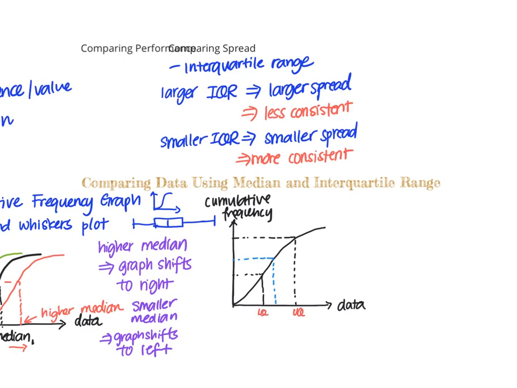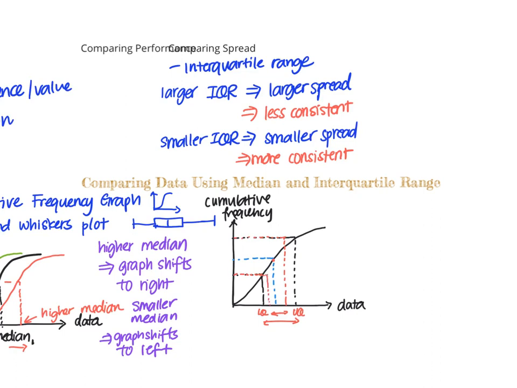So now if I were to have a curve with the same median, but a smaller interquartile range, that means this number over here is going to become smaller, not as wide as this. It passes through the same median, so the same middle point, but now at the upper quartile it has a smaller value, and at the lower quartile it has a larger value.